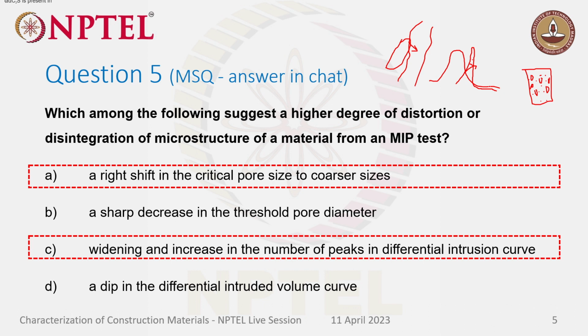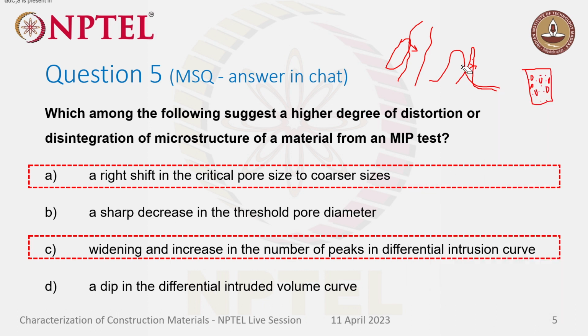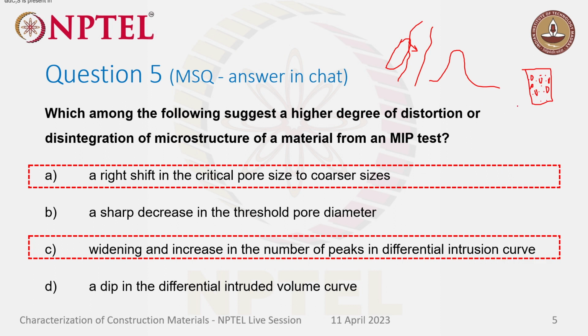So if this is the normal, wait, erase. So normal pore size range is, let's assume, 1 micrometer. Okay, normal pore size range. There is an increase in the pore size range because the Portlandite goes off. So normally it will not happen in the way I explain, but for the sake of explaining, I'm trying to explain in a simpler way.